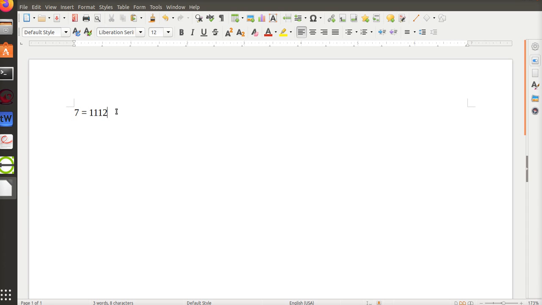So 2 is the base. And I looked up the shortcut for this. Let's see if it works. There it is. Shift plus Control plus B will make anything highlighted a subscript. So this tells me that 7, which is decimal, the decimal we're all used to, is equal to 111 in binary.